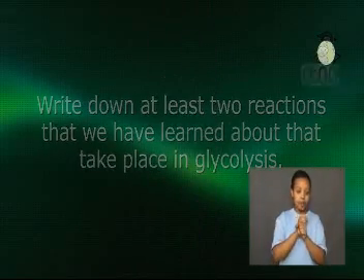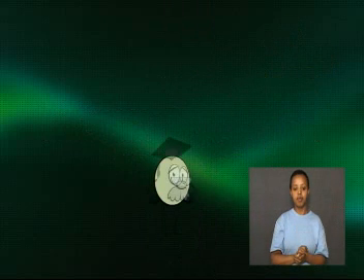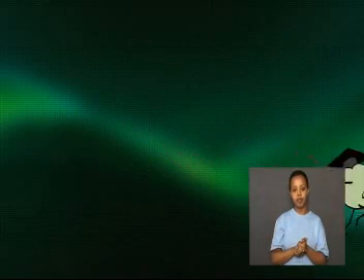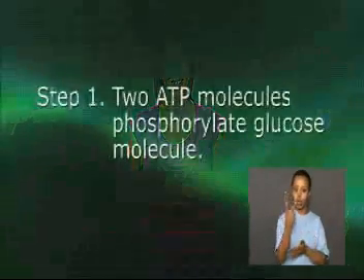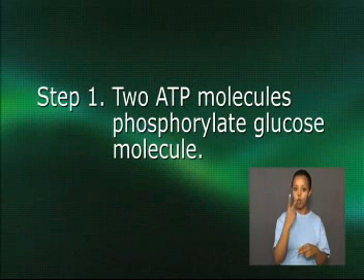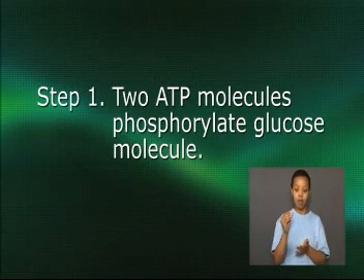Time's up. Let's get back to our lesson. Welcome back, students. I am sure everyone was able to recall 2 of the reactions. The first reaction is between 2 molecules of ATP and a molecule of glucose.